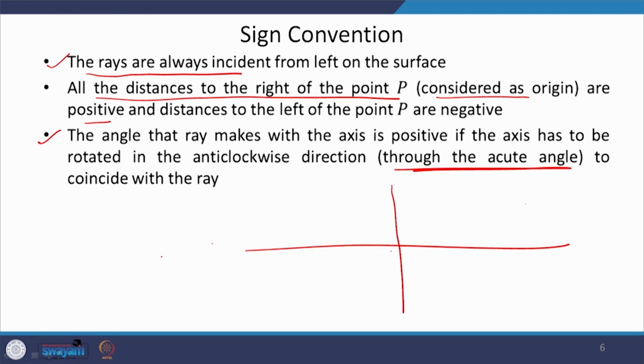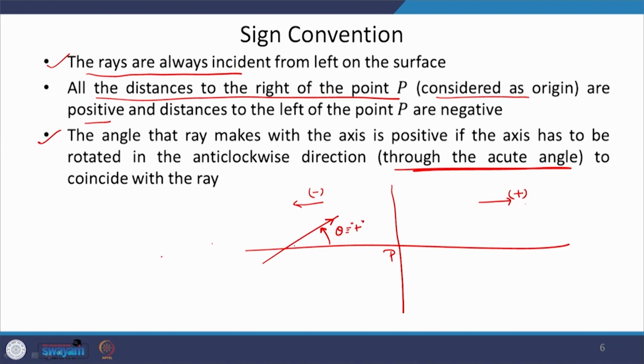Okay, this is our point P. All the distances in this direction are positive, all the distances in this direction are negative. If the ray is moving in this direction, then the axis has to be rotated in an anti-clockwise direction, therefore theta would be positive.